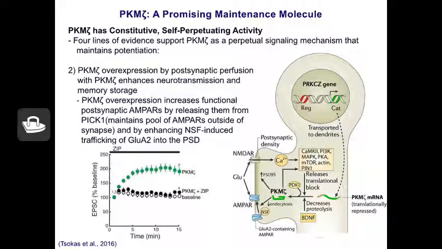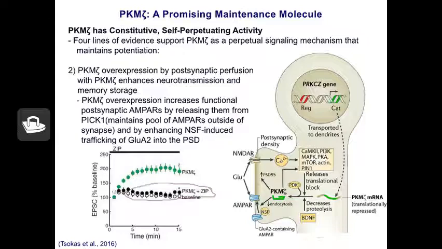Furthermore, you can see on this graph that co-administration across all of this time of zeta inhibitory protein, or ZIP, actually abolished the protein kinase M-zeta mediated enhancement of the evoked responses in these sections.